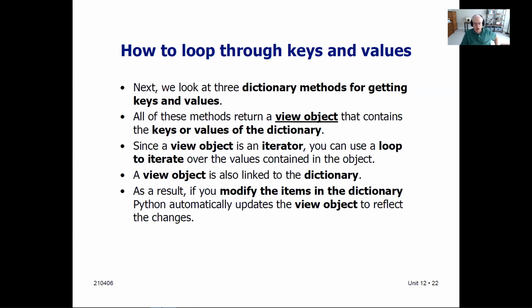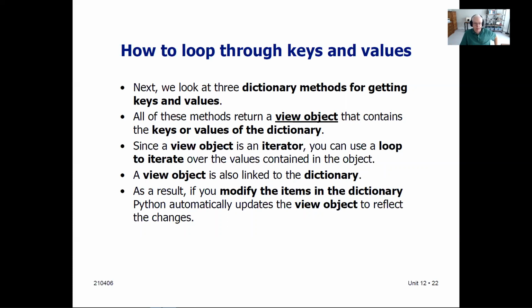So if you create a view object, you're using it in your code somewhere, and then you go in and change the value of a key, it will automatically be reflected in the view object. You don't have to recode that. That's a very strong point as you start working on complex programs.